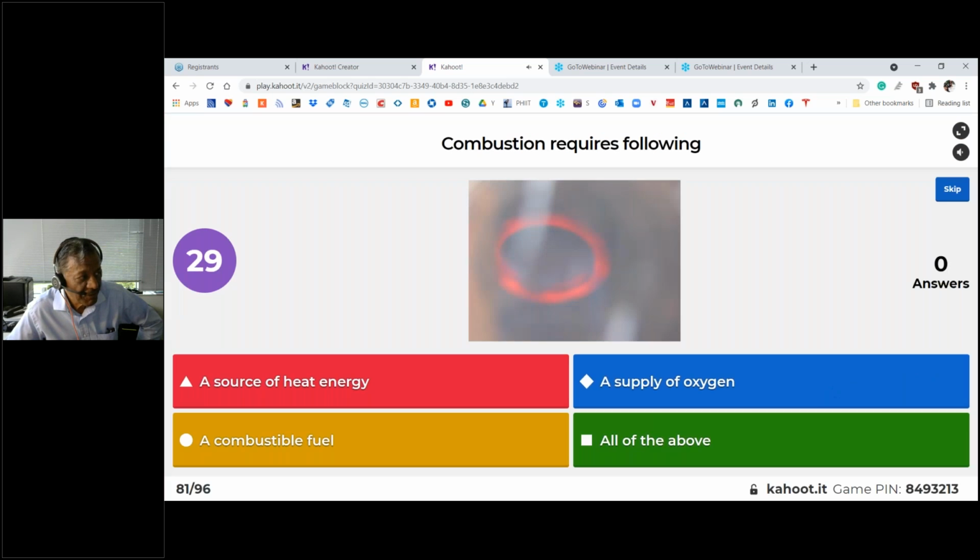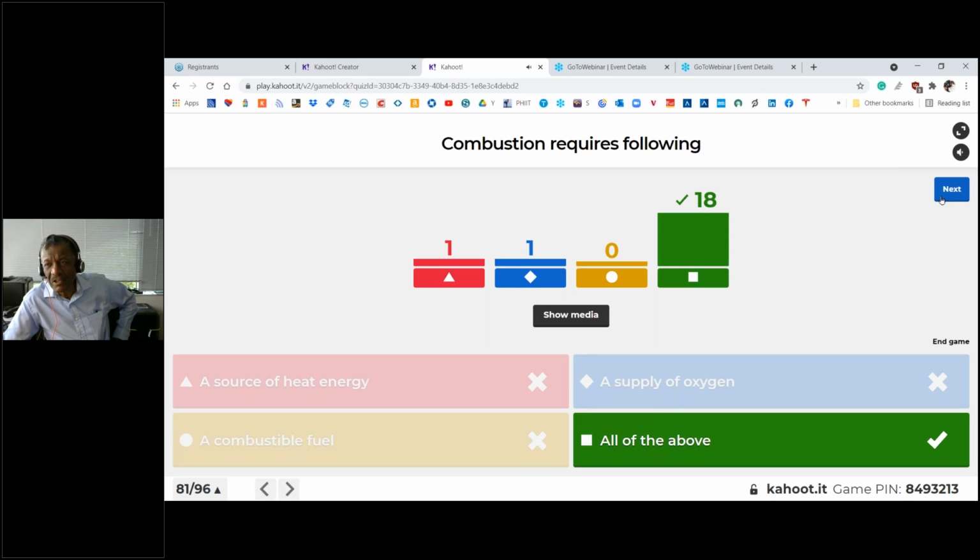So combustion requires the following. For combustion to occur, we need three things. We need fuel, we need oxygen, and we need a source of ignition or heat. We need all the three things, then only the combustion will occur.